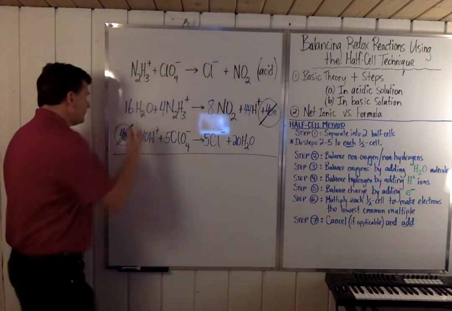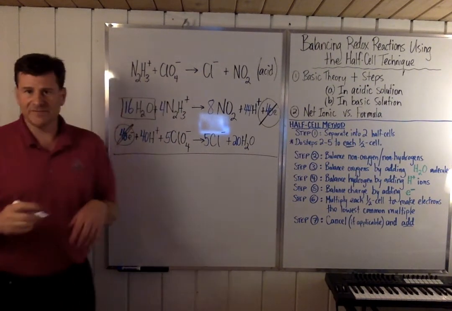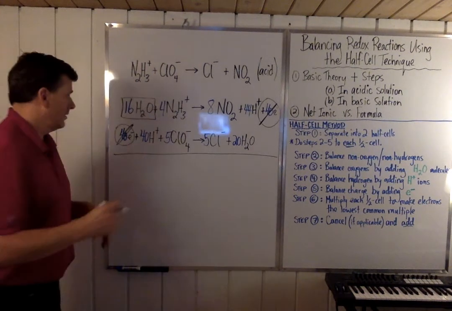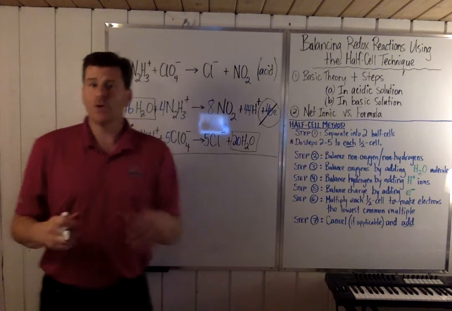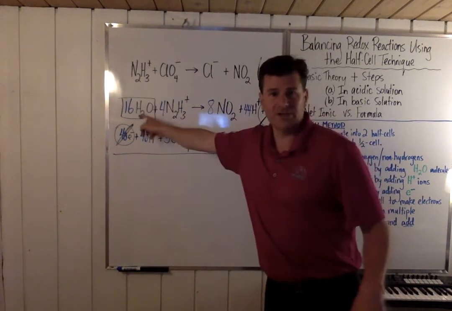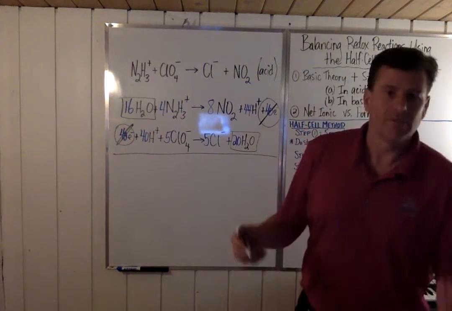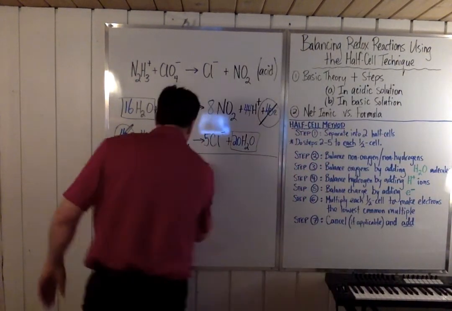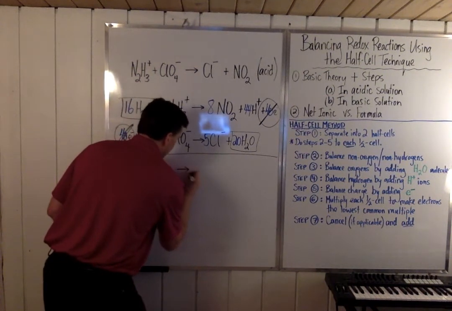So let's look at the H2Os first of all. I've got 16 of them there, and I've got 20 of them there. So think that 16 are being used up here, but 20 are being produced. What's the net? Well, I think I need to go like this, a little bit of room over here.